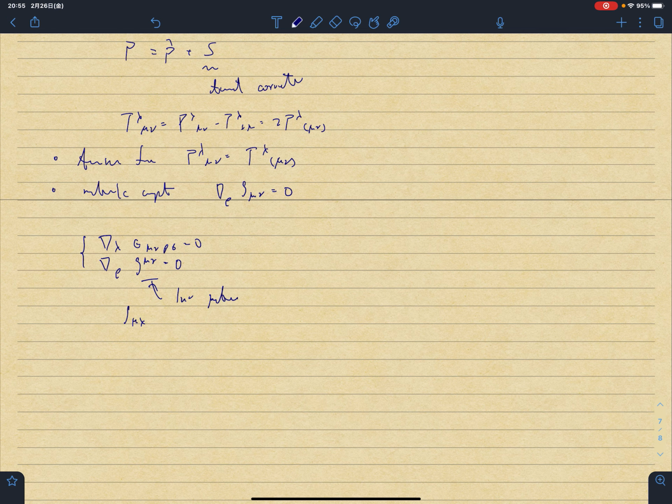By the Leibniz rule, one term vanishes by the above compatibility condition, so we get delta rho v mu.